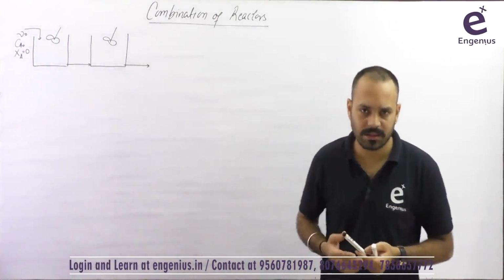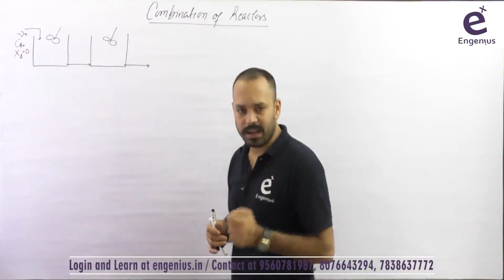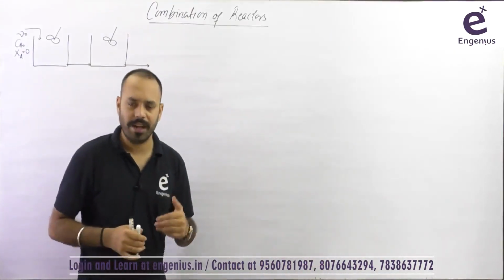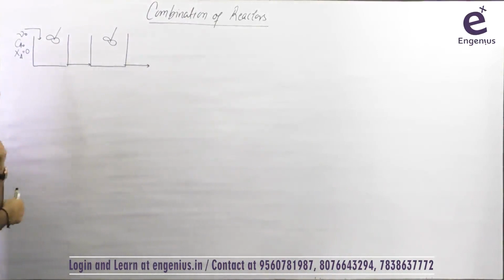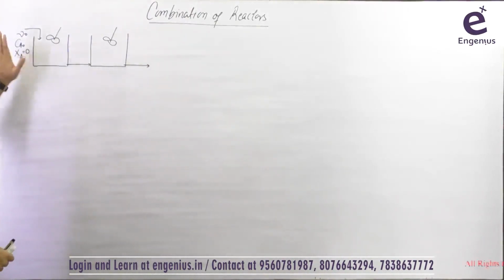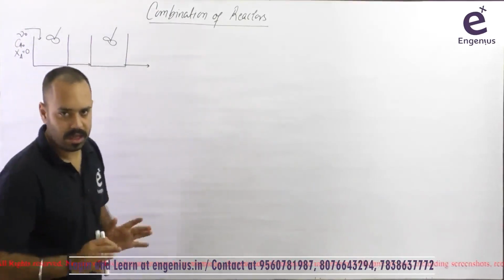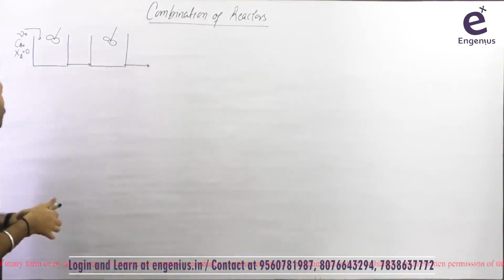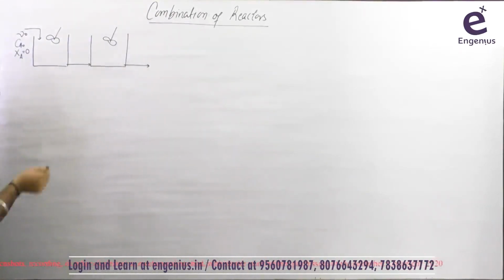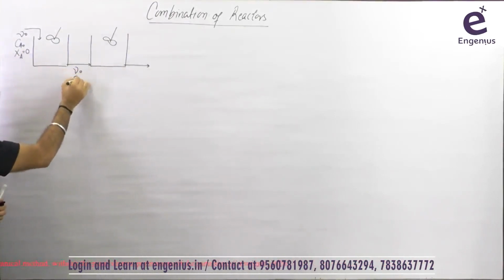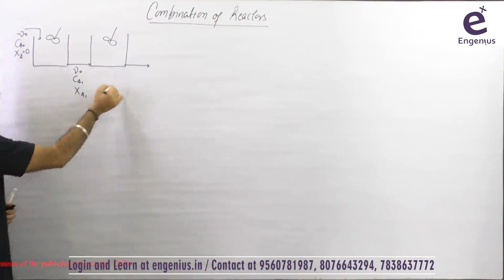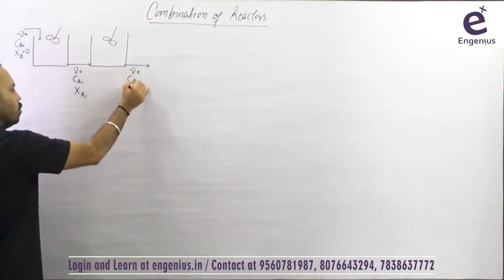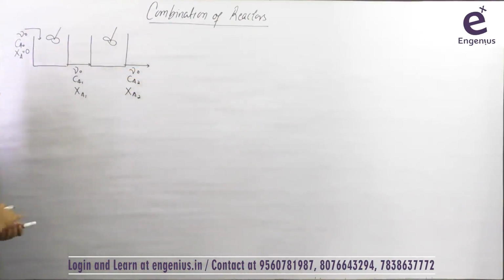But I also explained that in GATE exam, the reference point chosen for defining the conversion, where the conversion is 0, is taken only at this point. All conversions you have to report according to this, and all conversions will also be given according to this. So we will not change the reference state again and again; that was only to develop an understanding of what it means when I say that conversion depends upon the reference state. Now X is equal to 0, here also volumetric flow rate is nu naught, concentration is CA1, conversion is XA1, volumetric flow rate nu naught, concentration CA2, conversion is XA2. This is the scenario, right?